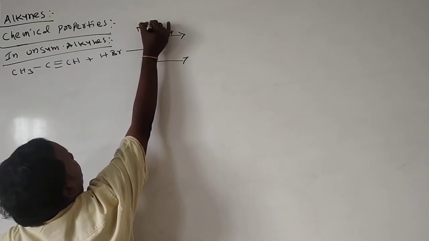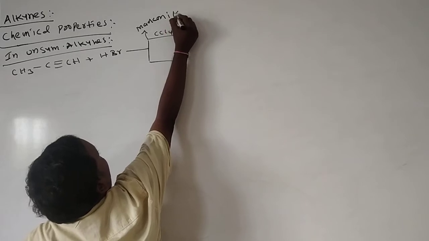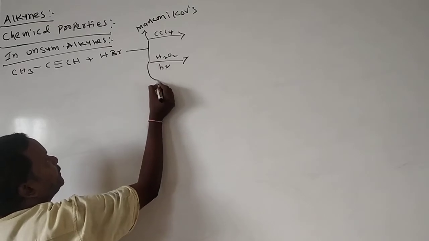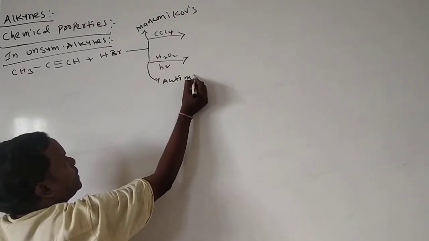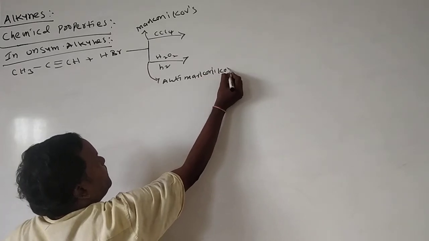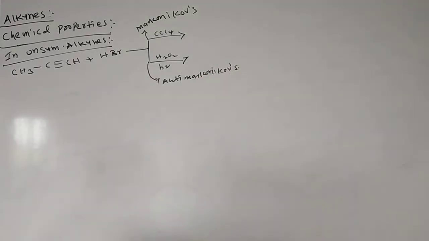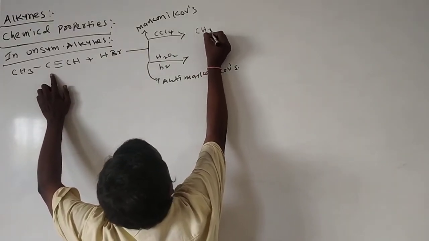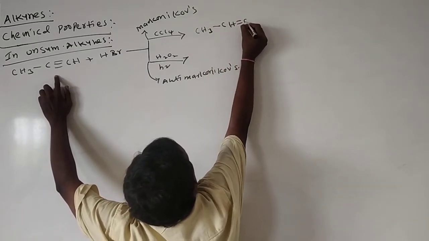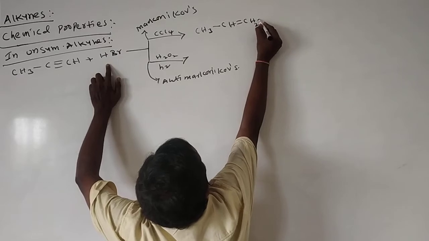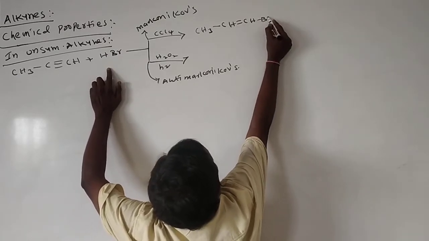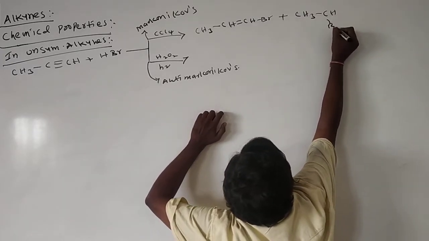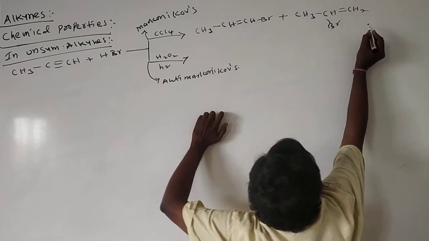If you use hydrogen peroxide and sunlight, it follows the anti-Markovnikov rule. First, in the presence of carbon tetrachloride, we get CH3 CH double bond CHBr as one compound, and one more is CH3 CBr double bond CH2.